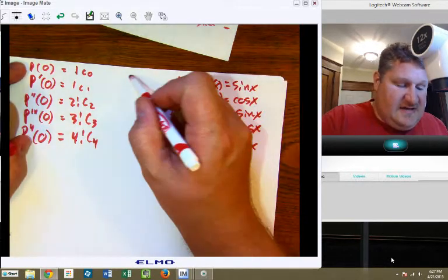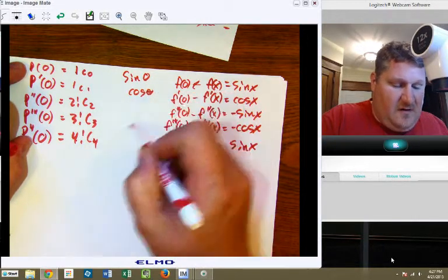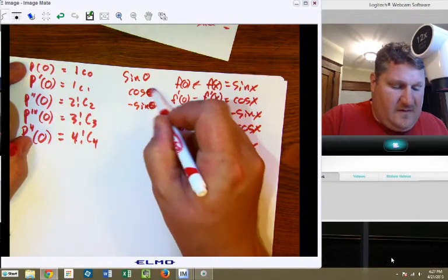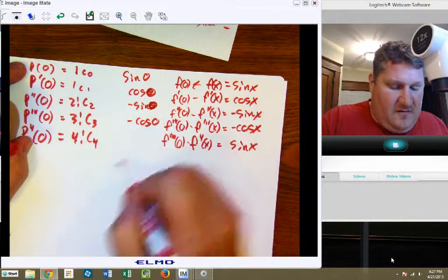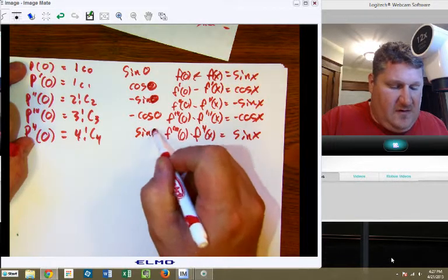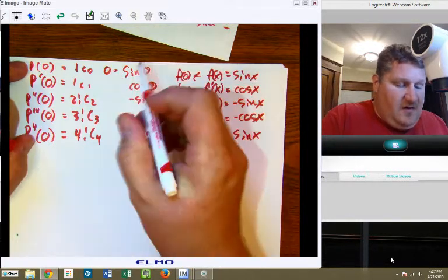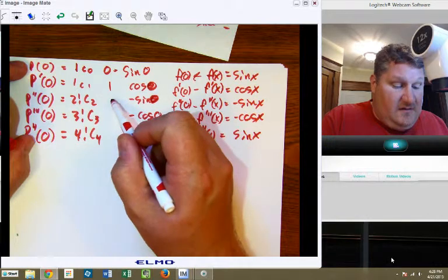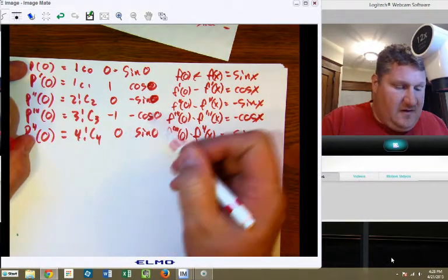And so I can say sine of 0, cosine of 0, negative sine of 0, negative cosine of 0, and sine of 0. Well, sine of 0 is 0. Cosine of 0 is 1. Negative sine of 0 is going to be 0. And negative cosine of 0 is negative 1, and we get a 0 again.